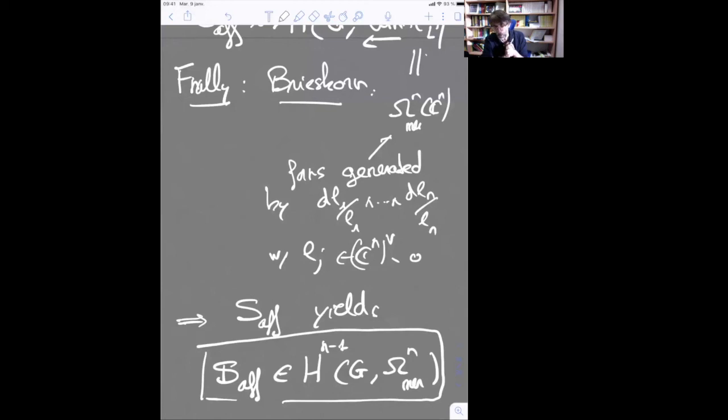And my goal tomorrow will be to first make this construction more rigorous, then to explain what happens when you replace GL and C by gamma, and what type of cocycles you get, and in the later lecture to compute. I mean, for the moment we have an abstract cocycle, and we want to give a formula for it. So this will be the goal.